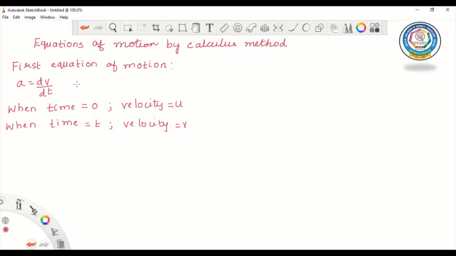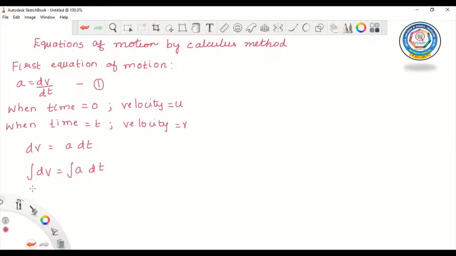So we are going to integrate this equation on both the sides. Before that, let us rewrite this first equation as dv is equal to a dt. So now we'll integrate this. Integral dv is equal to integral a dt.